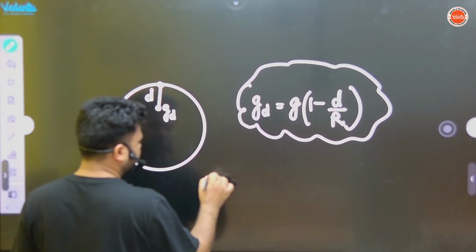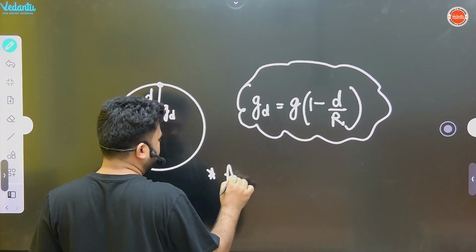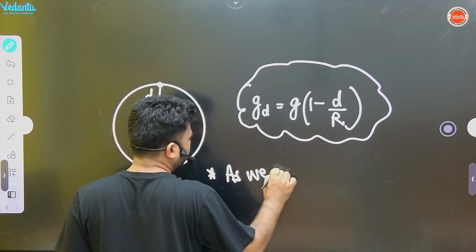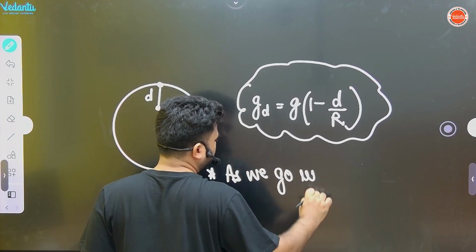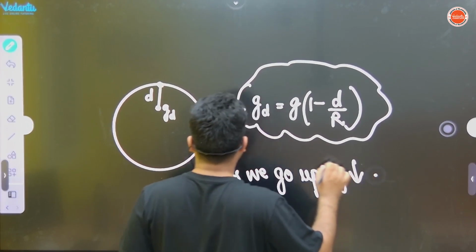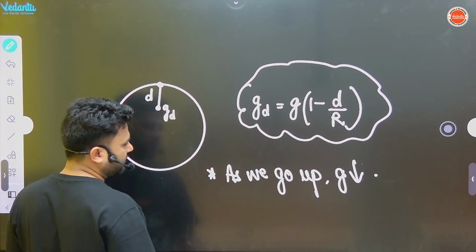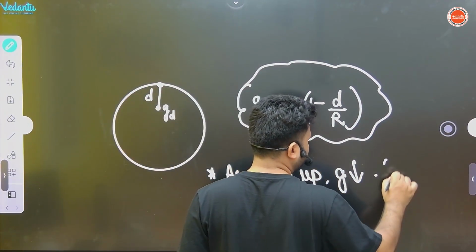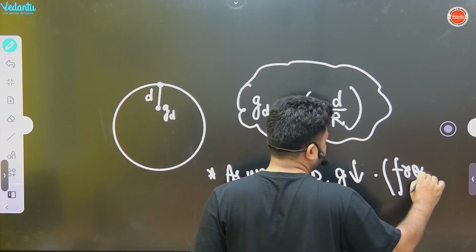Always remember, as we go up, the g value decreases. Up means from the surface of the earth.